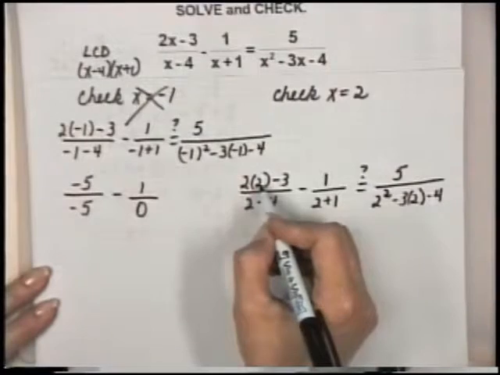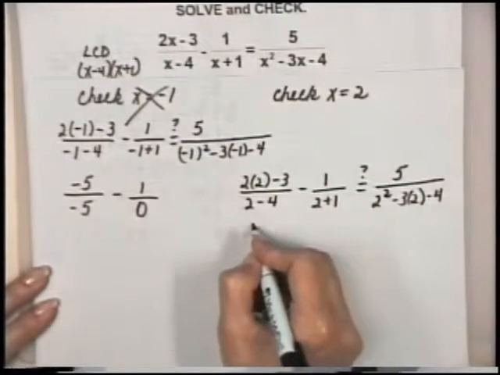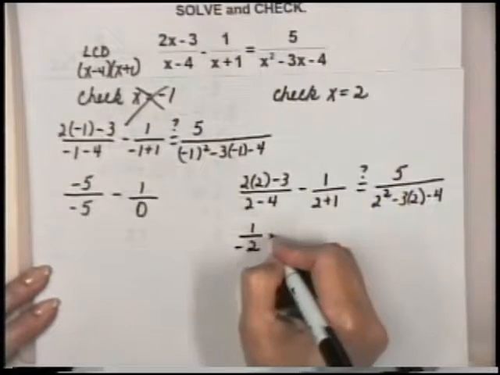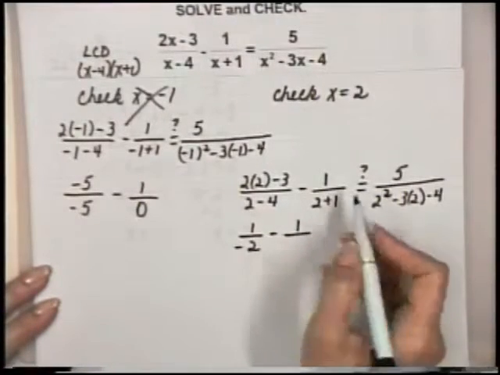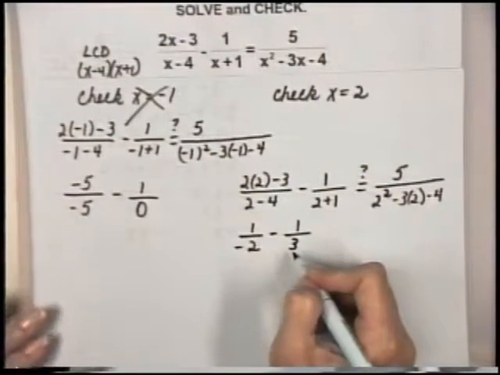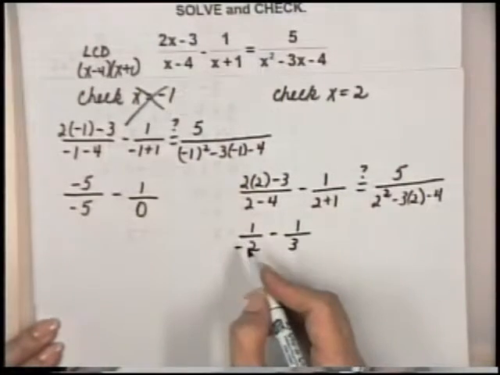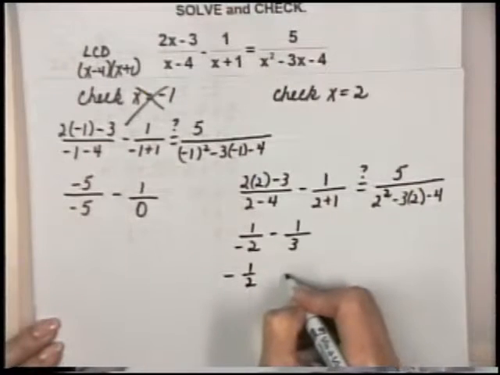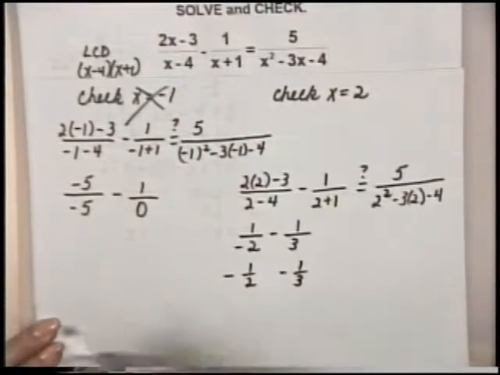Let's work with the left. 2 times 2 is 4. 4 subtract 3 is 1. 2 subtract 4 is -2. Subtract 1 over 2 plus 1 is 3. I have a positive divided by a negative, which is -1/2.